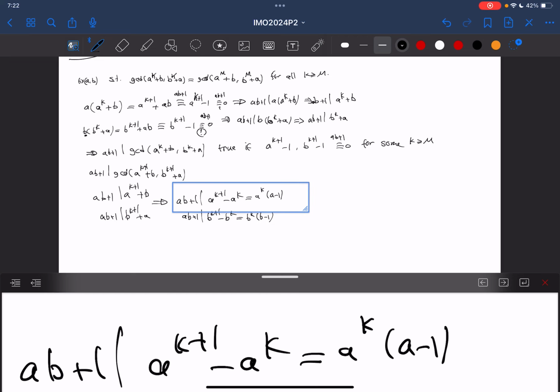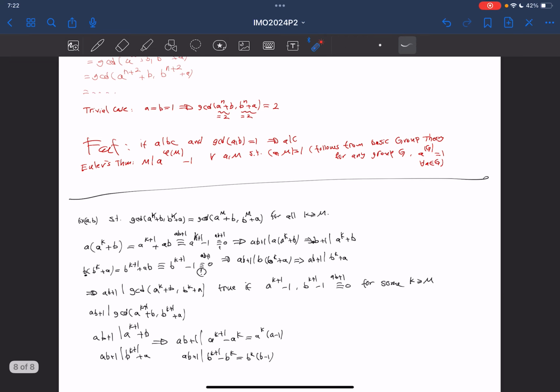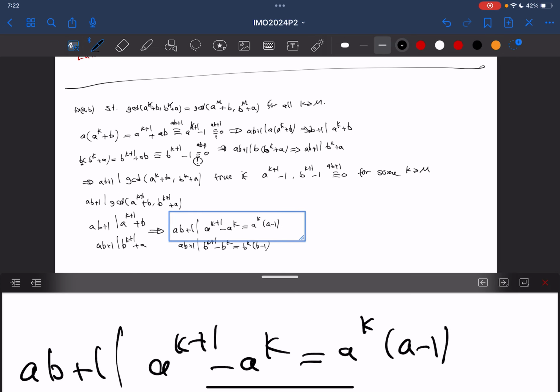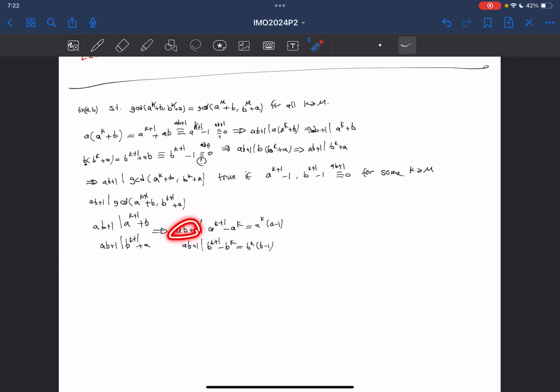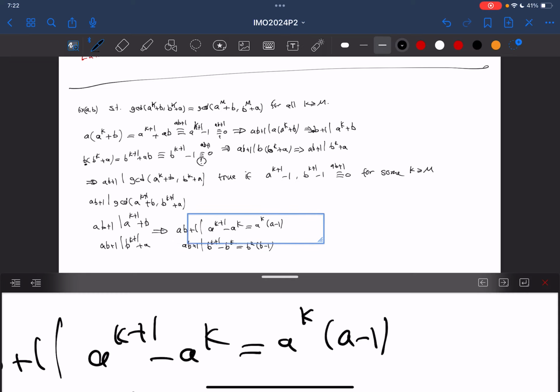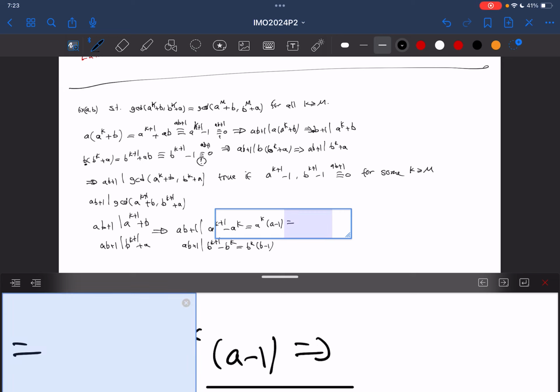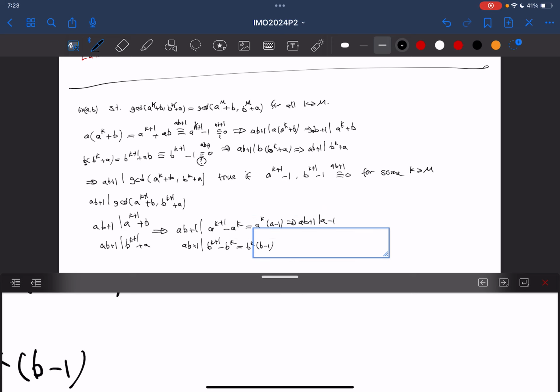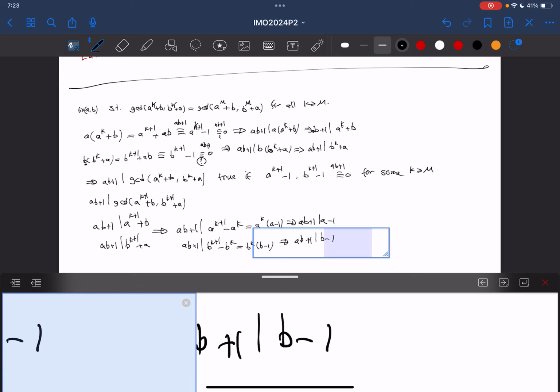And now we are using fact one, that if I have a product and one of the factors is co-prime with the number on the left-hand side, co-prime meaning they don't share any common divisor, then from here I can reach the conclusion that ab plus 1 would divide a minus 1, and ab plus 1 would divide b minus 1.